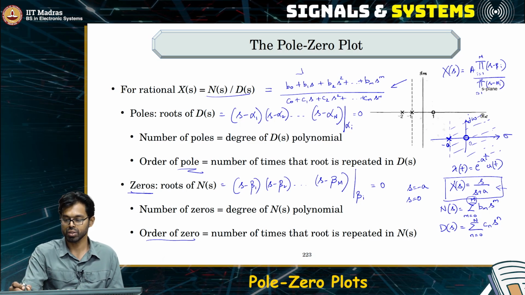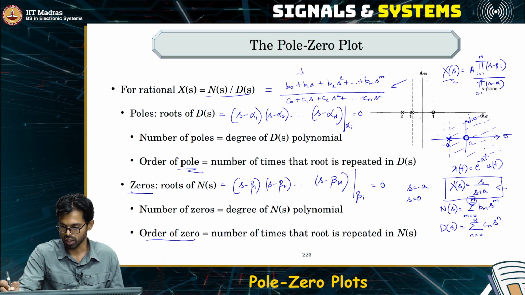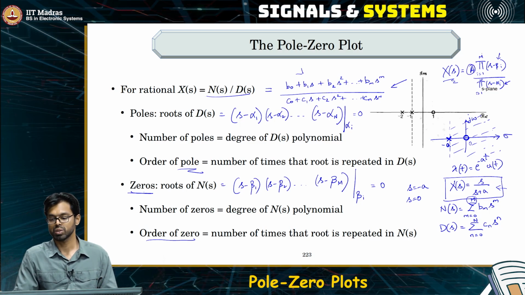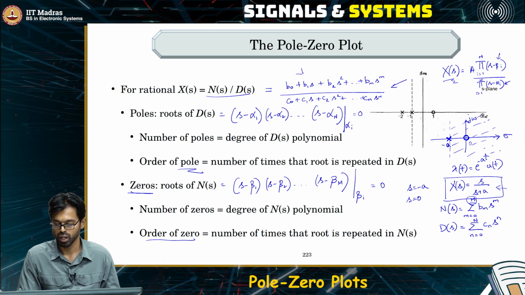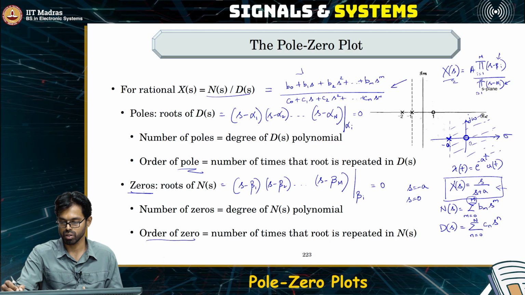So in order to know this Laplace transform, we need to know these alpha values, these beta values, and this a. That's all. If somebody gives you those numbers, then you completely know the Laplace transform. So all of this can be obtained from the plot except for this constant a.